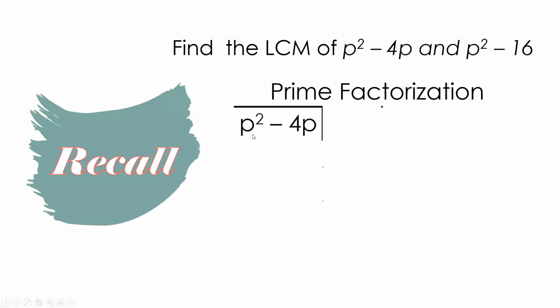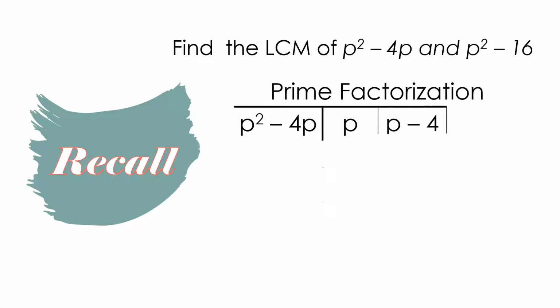Obviously, p is the common factor. So p squared divided by p is p, and negative 4p divided by p is negative 4.